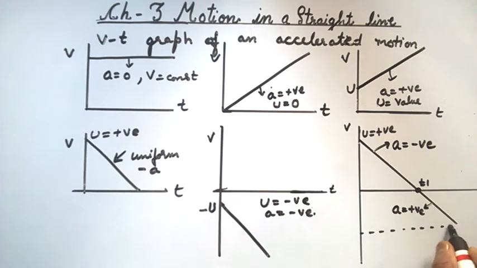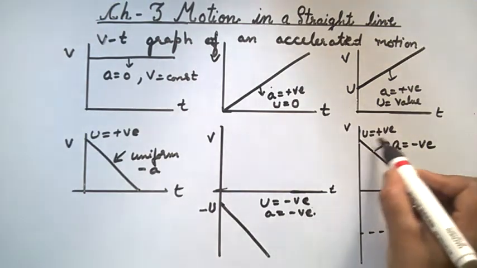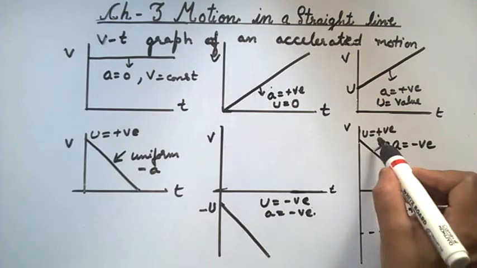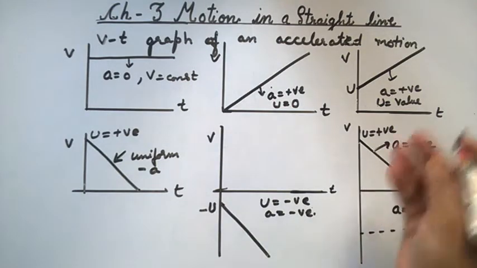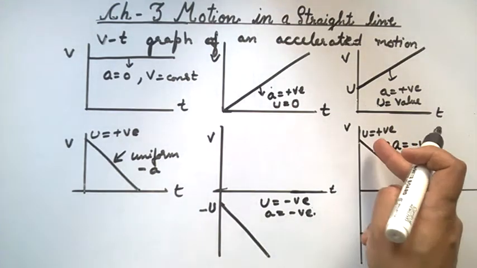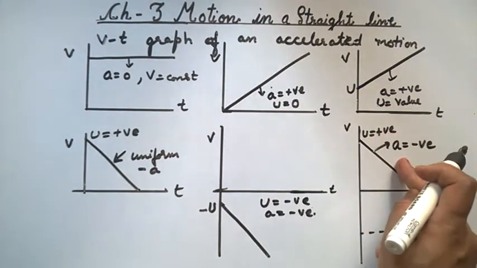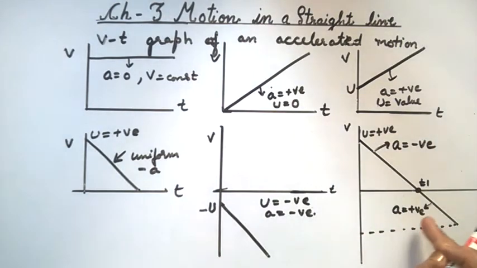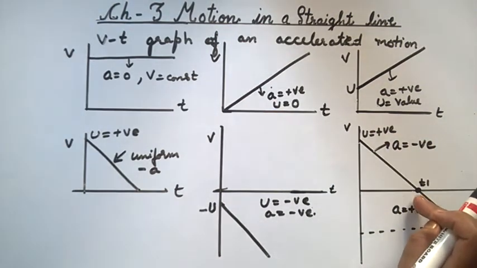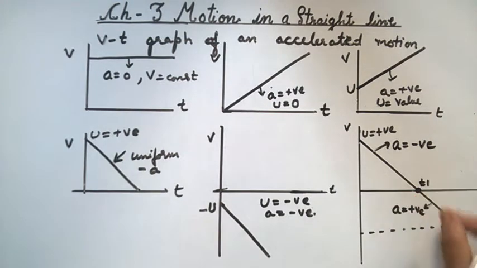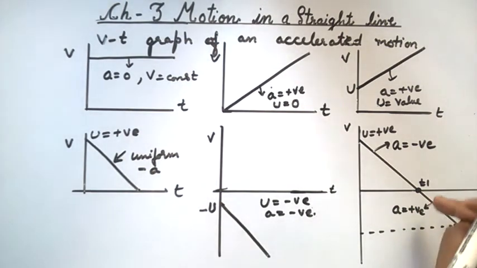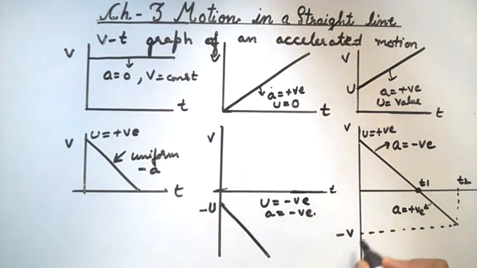This case we have studied in the example that if the body is thrown vertically upward, then initially it has some velocity and the motion is retarded motion, and after reaching its height, it changes its direction and falls in the positive direction. So here it is t2, having negative velocity.